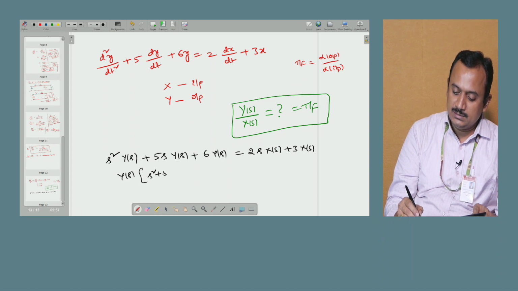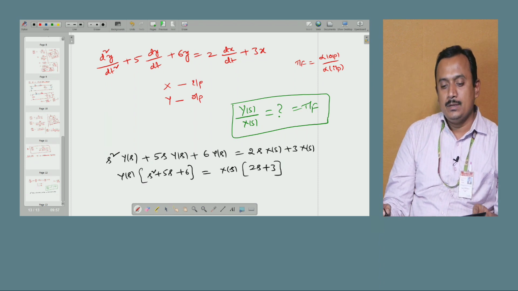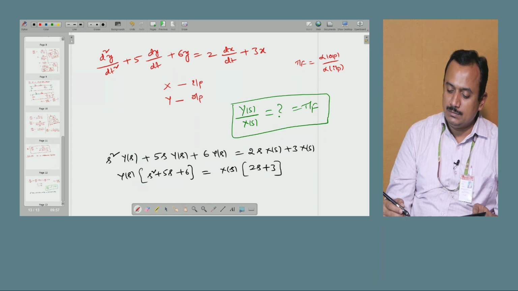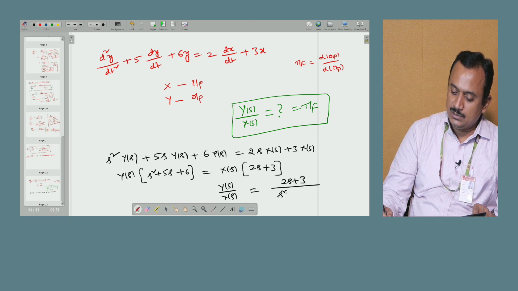S square plus 5s plus 6 is equal to, here we will take X of s common, 2s plus 3. Now the transfer function is the ratio of Laplace transform of output to input, that is Y of s by X of s is equal to 2s plus 3 by s square plus 5s plus 6.